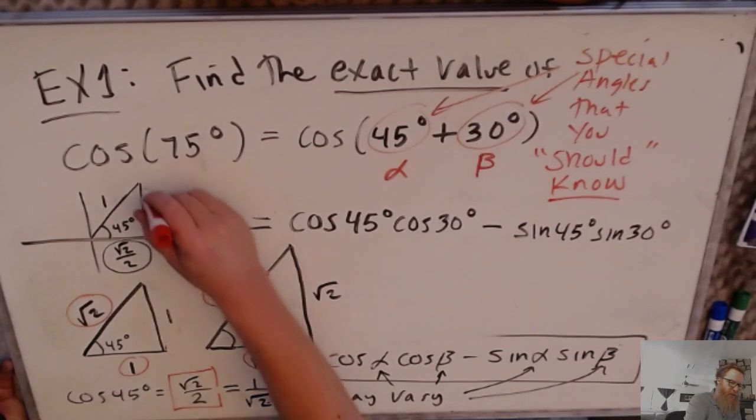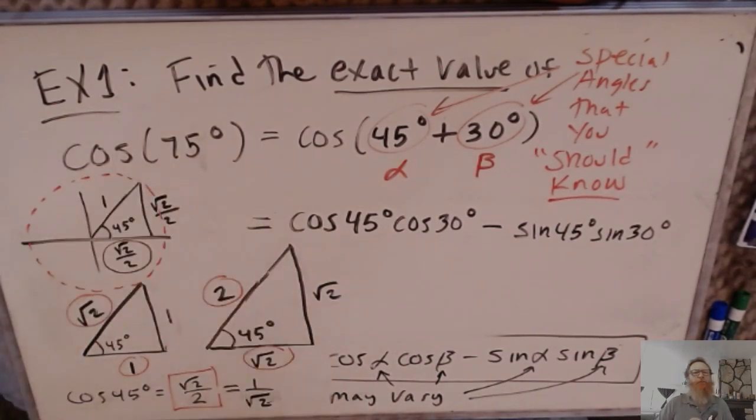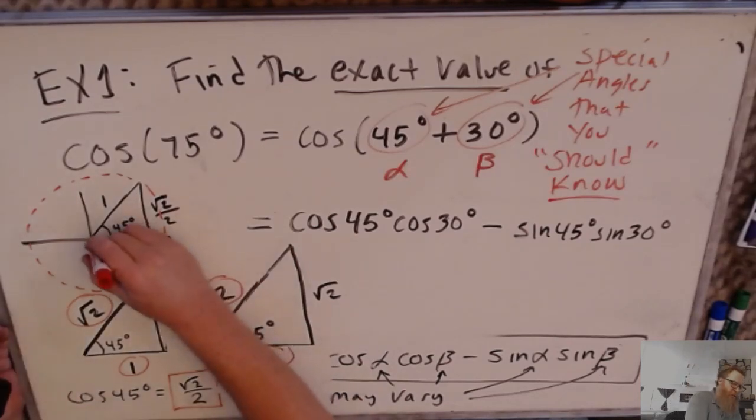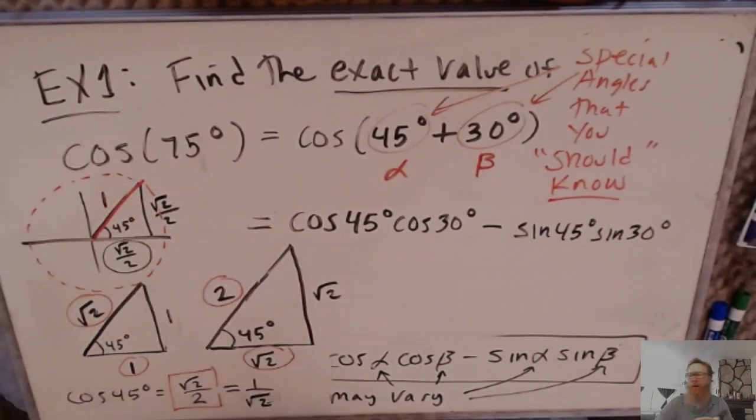This one up here is the unit circle definition of the special angle. Remember, with a unit circle, the hypotenuse is always 1. We'll talk more about that later. So that's your special angle for cosine.